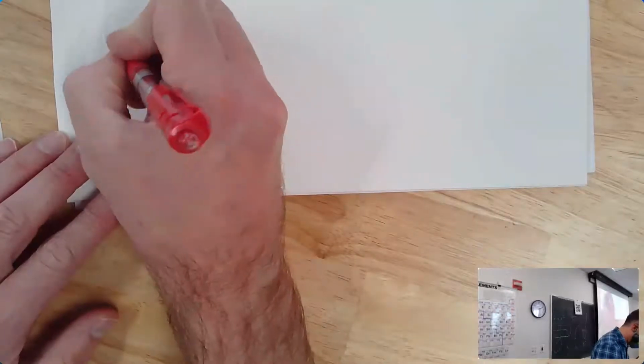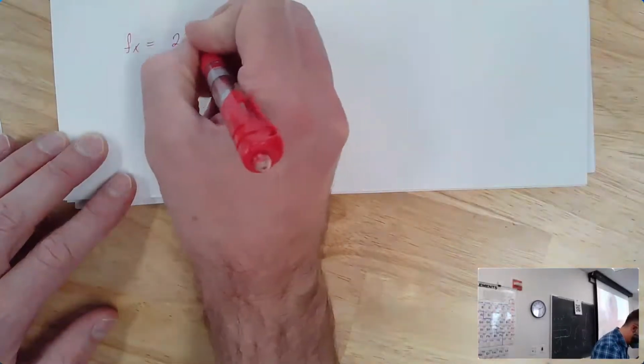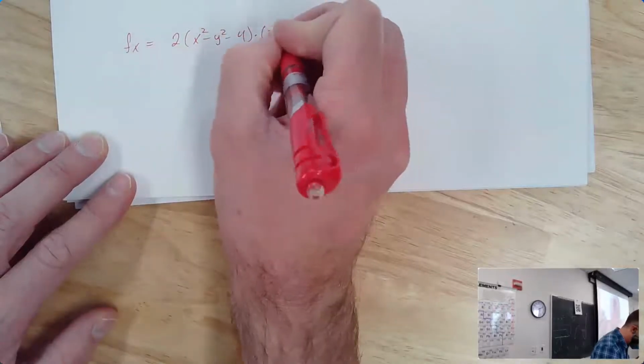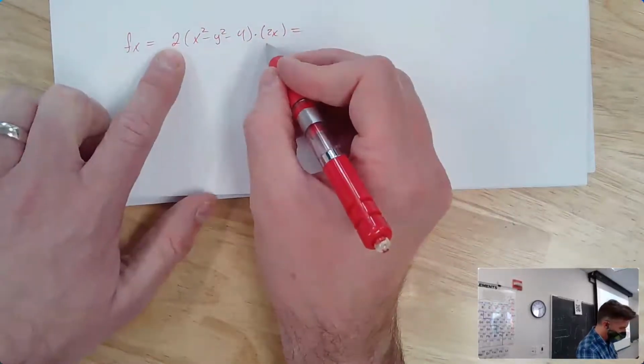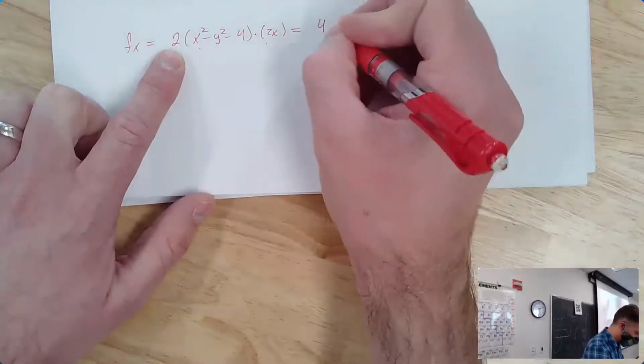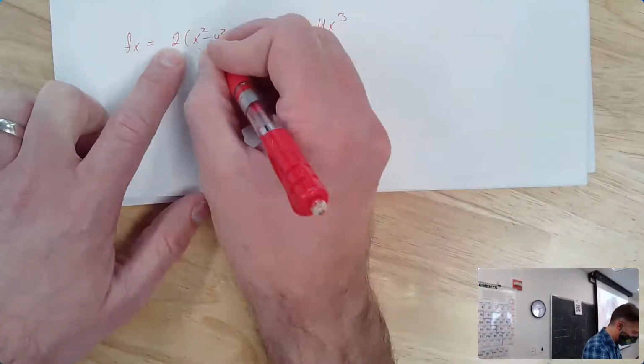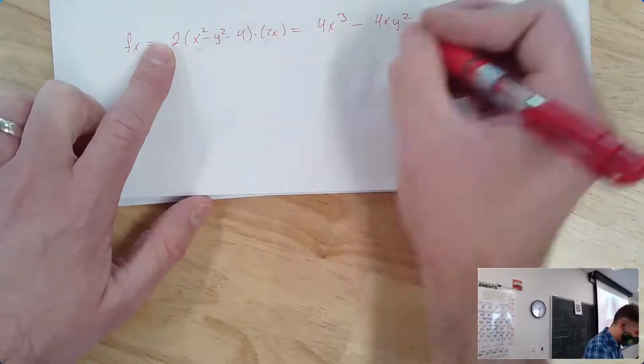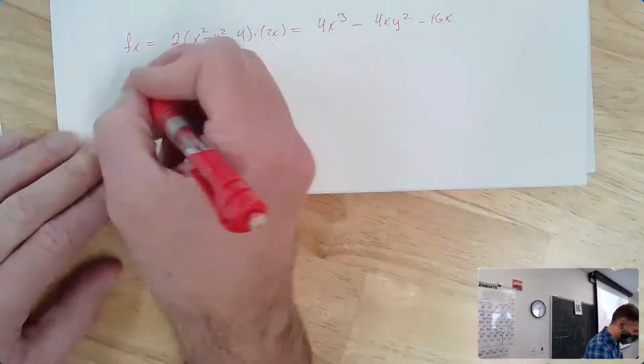Let's rewrite things. Fx is 2 times x squared minus y squared minus 4 times 2x, which we multiply out: 4x times x squared is 4x cubed, 4x times negative y squared is negative 4xy squared, and 4x times negative 4 is negative 16x.